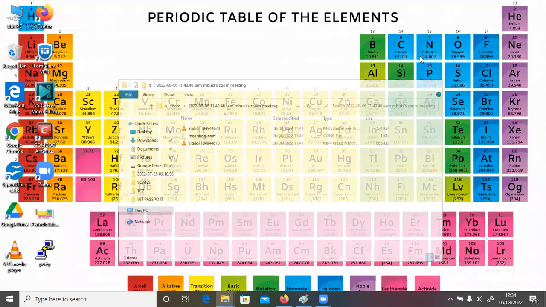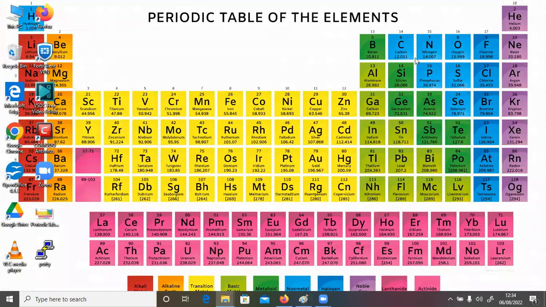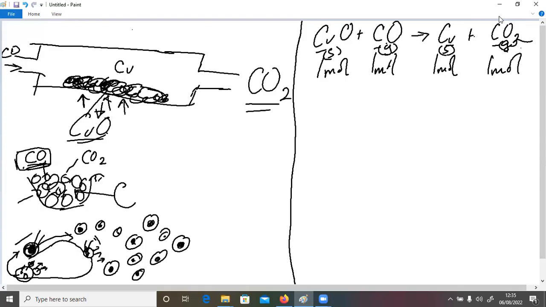I'm trying to find the relative mass of copper. Copper, Cu, is 64. Let's say I know that I produced 128 grams of copper. How much carbon dioxide did I produce?